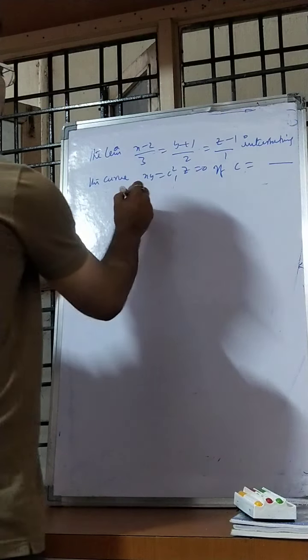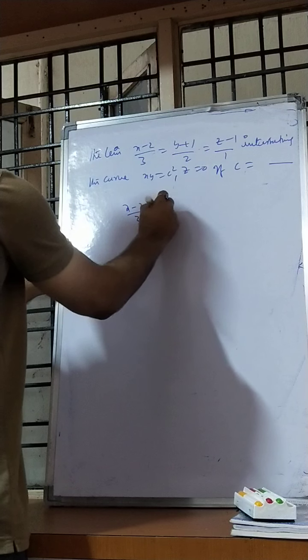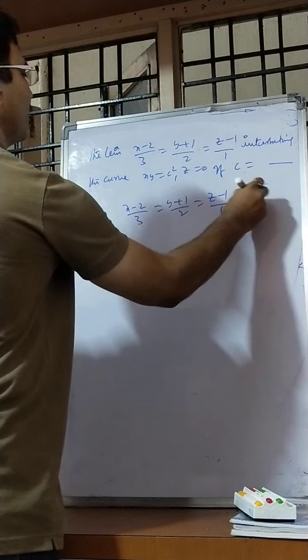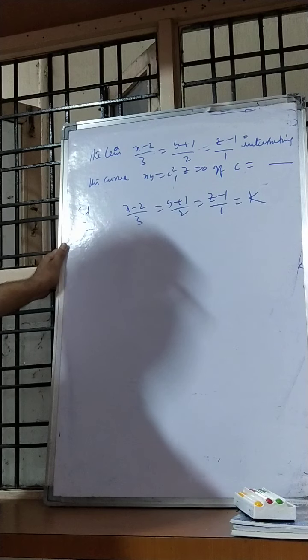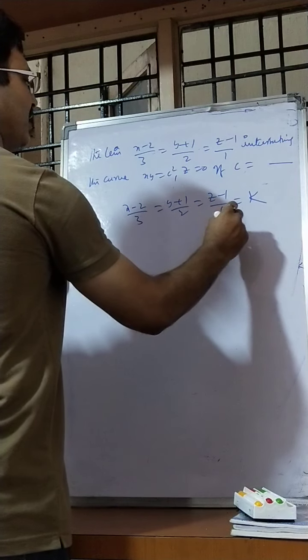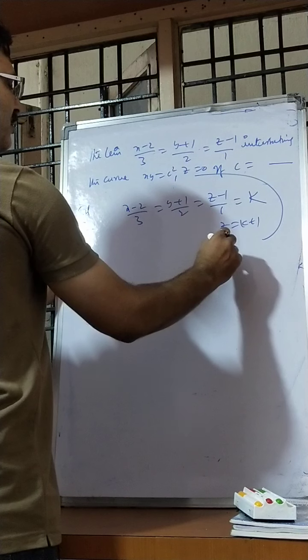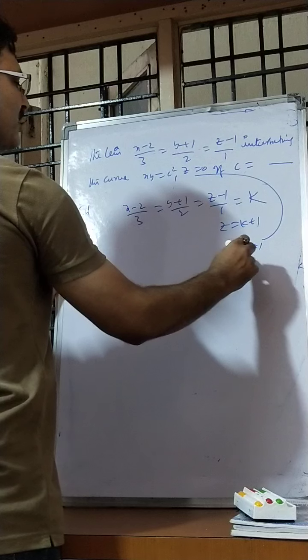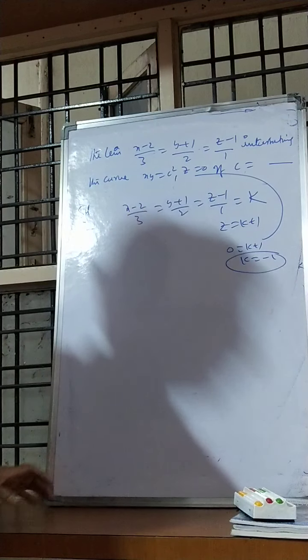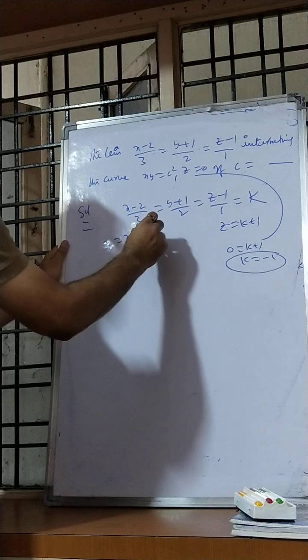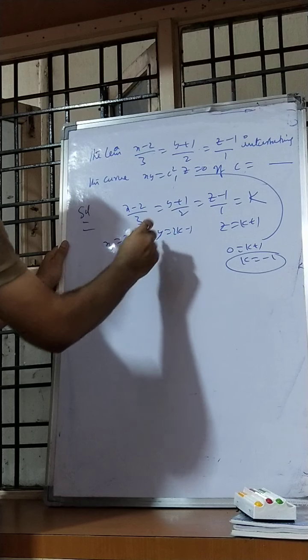Very simple. Here you see (x minus 2)/3, (y plus 1)/2, (z minus 1)/1. I'll take some k solution. What I am doing here, z is equal to k plus 1 I'll get, but that fellow has given z is equal to 0. 0 is equal to k plus 1 means k is equal to minus 1. I got it. And in this way, x is equal to 3k plus 2, y is equal to 2k minus 1 also there.